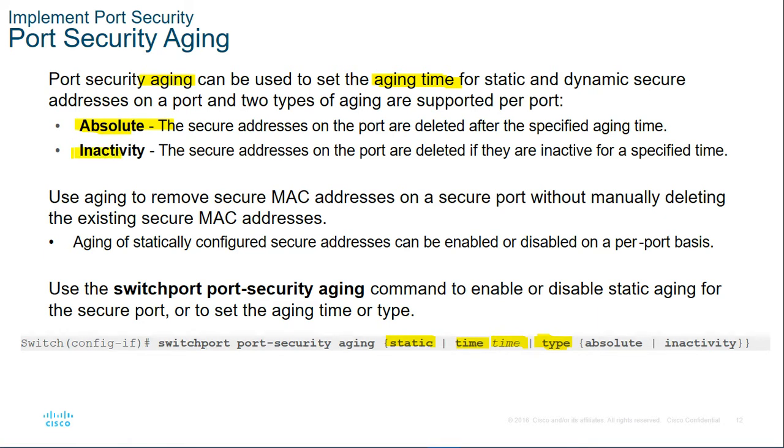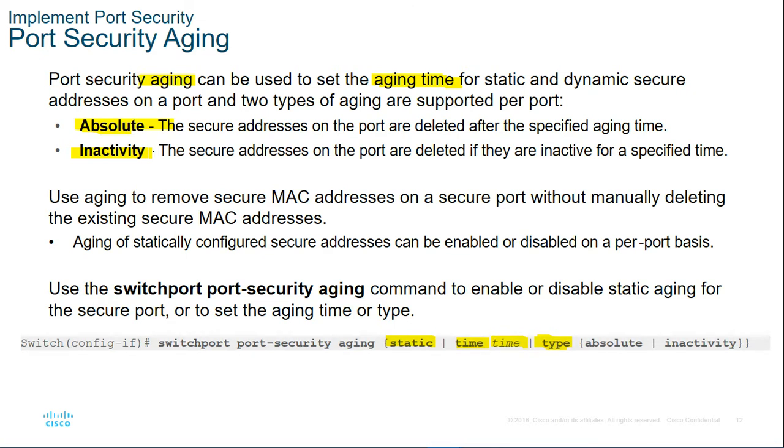In this method, the secure MAC address on the port is deleted if it is inactive for a specified period of time. For example, if you are not using that interface for 2 hours, then it will delete that MAC address from that interface.